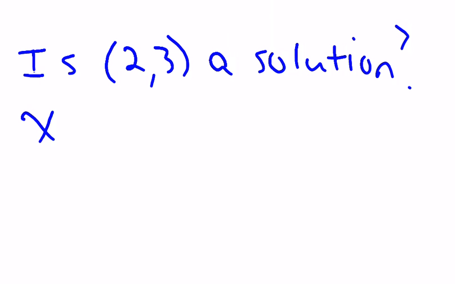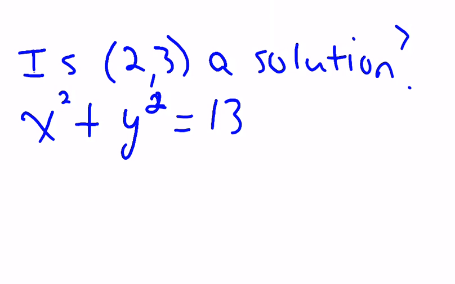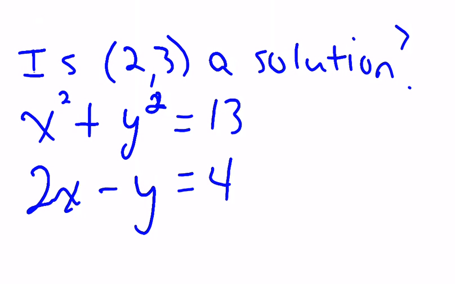And the system they give us is x squared plus y squared equals 13, and 2x minus y equals 4. So the way that we would determine if this is a solution is we need to plug this point into both of them for x and for y.